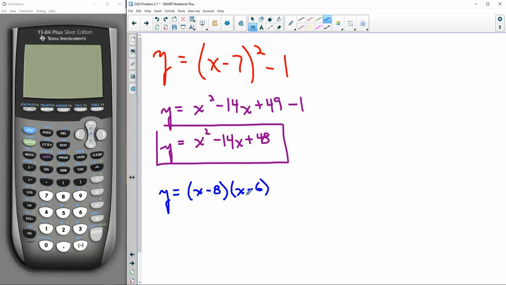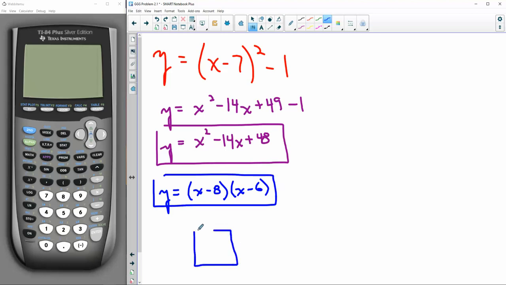Negative 8 times negative 6 is 48. Negative 8 plus negative 6 is negative 14. There you go. We'll do a quick rectangle diagram to prove it. X minus 8, x minus 6, that's x squared, minus 8x, minus 6x, plus 48. And those do add up to negative 14.